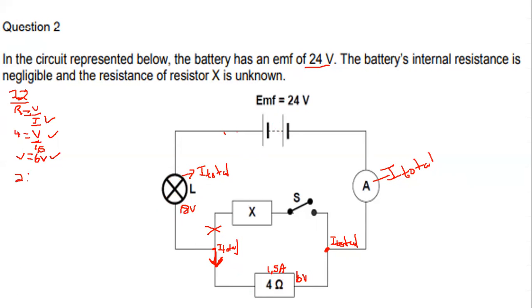So for 2.3, we'll start by saying the voltage of the lamp is going to be 24 minus the volts that I used there, which is 6, and therefore the V of the lamp is definitely 18 volts altogether, and that carries a mark because we didn't show you the calculations.